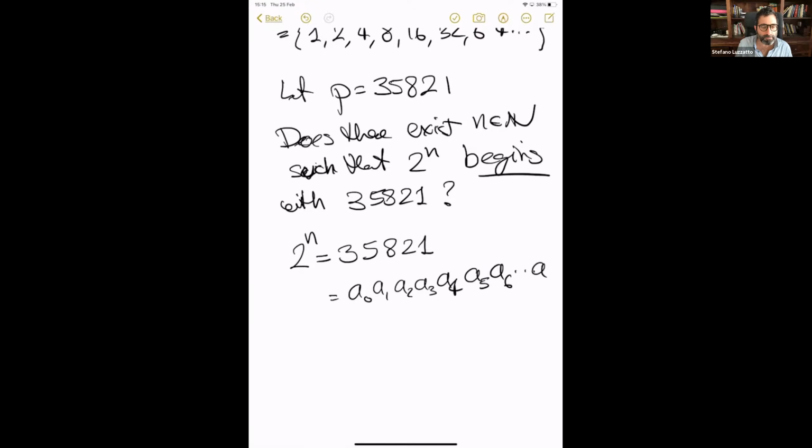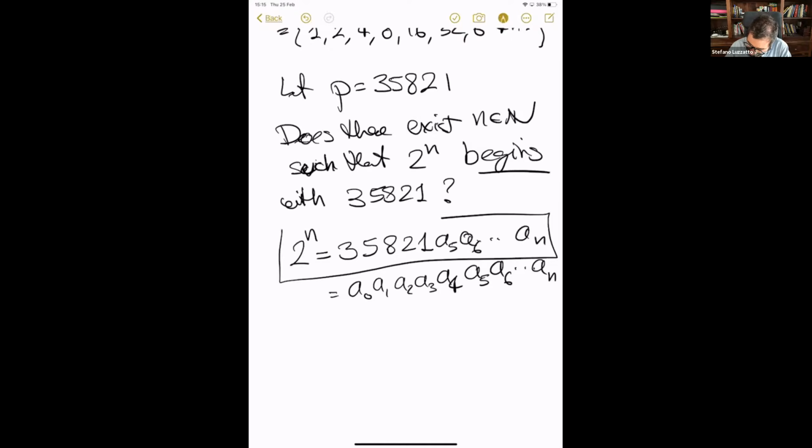Excuse me? The P is an odd number, right? Well, this is the question. The question is, can I always find some n for any number you give me? So this would be A5, A6, up to AN, right? So 2 to the n will be a number, and the first 5 digits of this number will be the number that you give me. Oh, okay.